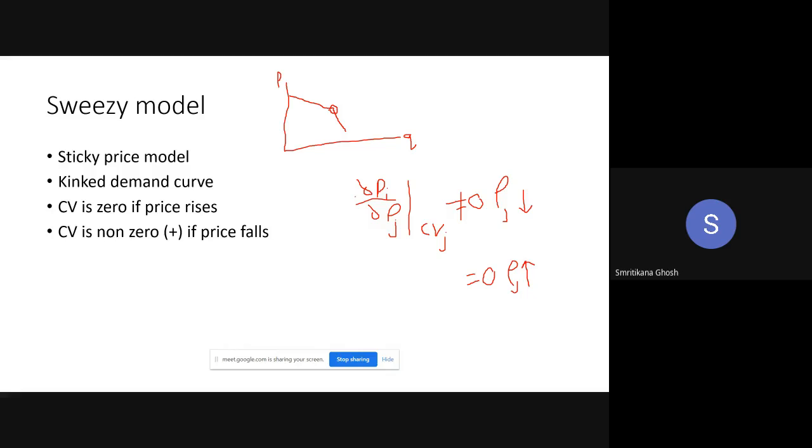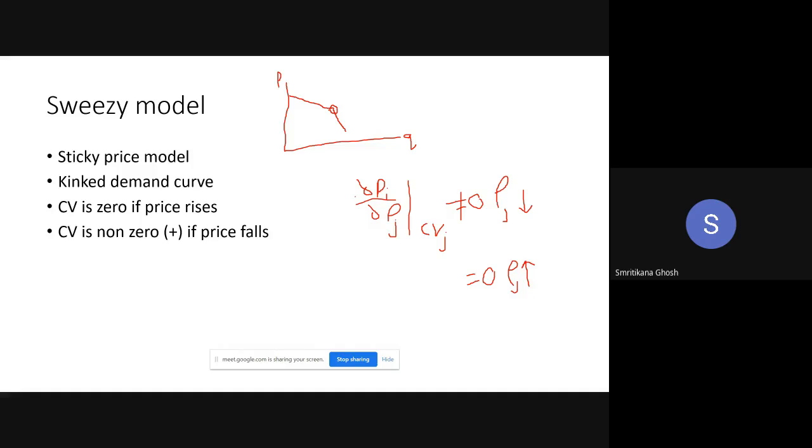But if I increase the price, no one will follow me. I'm the only one. I'm the only fool. So I'm increasing the price. In that case, I will lose a significant market share as no one is following me. So whatever fall in demand there is, the total fall is only because of my product.